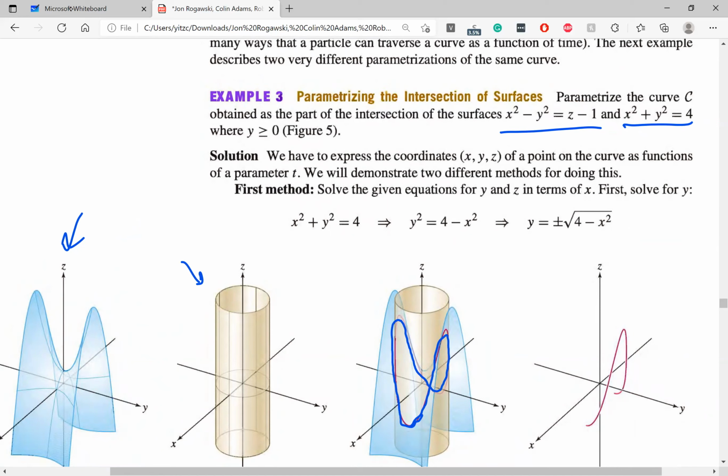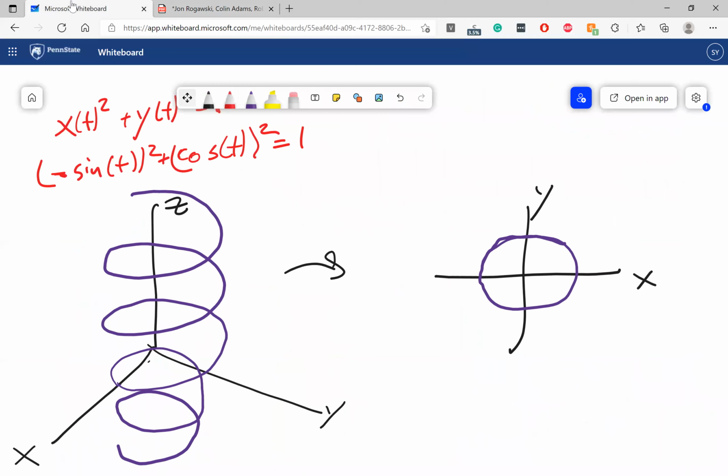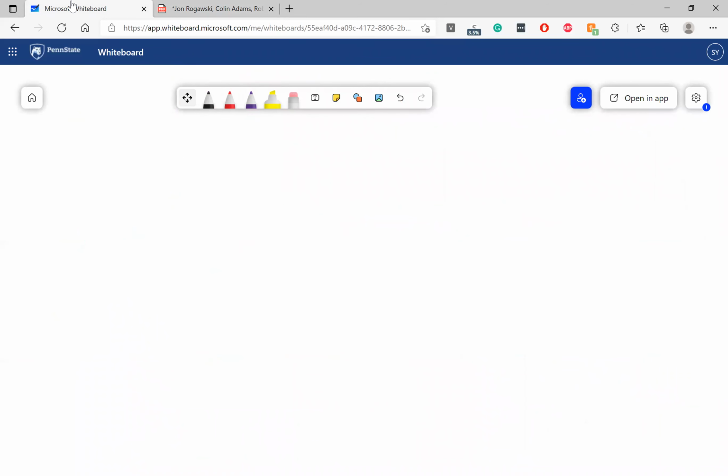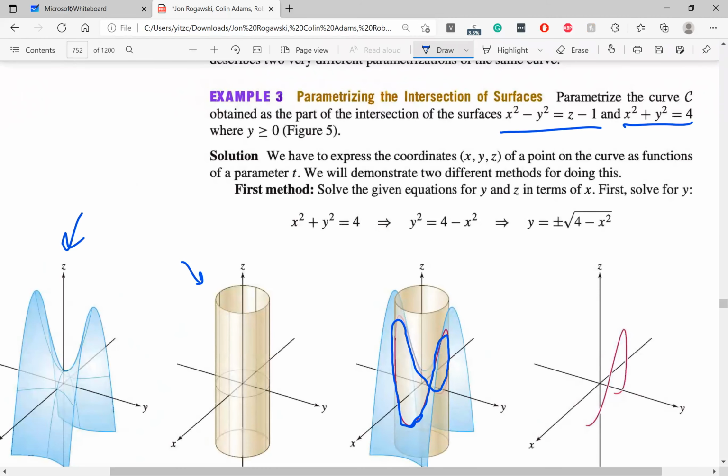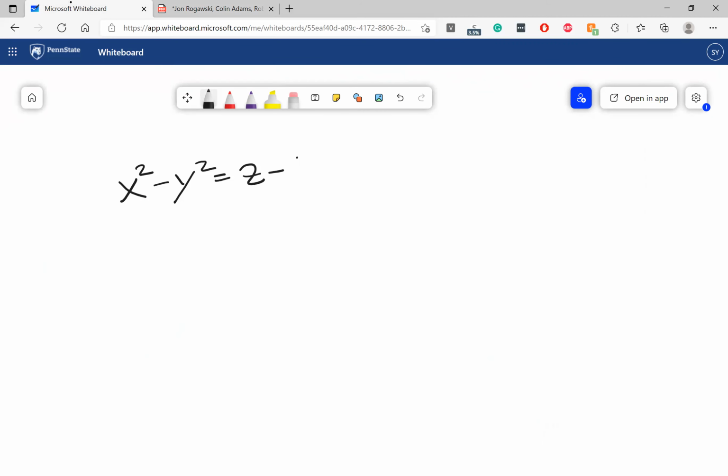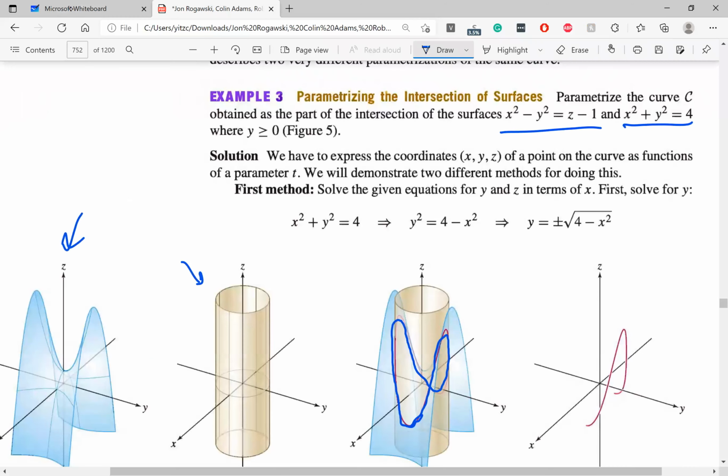So let me write this: x squared minus y squared is equal to z minus 1, and x squared plus y squared is equal to 4.